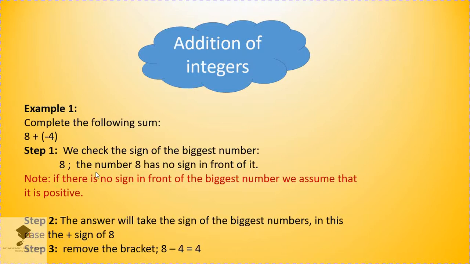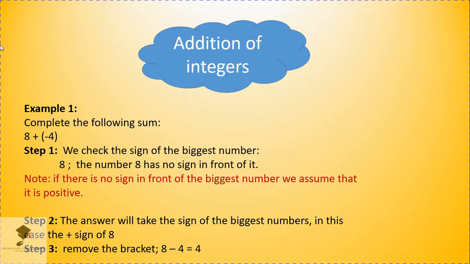So we're firstly going to start with addition of integers, and we're going to look at our first example. It says complete the following sum. Looking at this, we have 8 plus, inside a bracket, minus 4. Now let's do this step by step. Step 1, we check the sign of the bigger number, and in this case our bigger number is 8, so the number 8 has no sign in front of it.